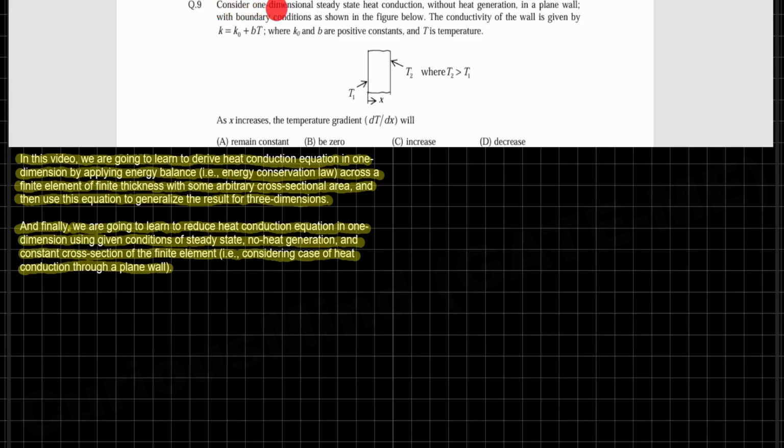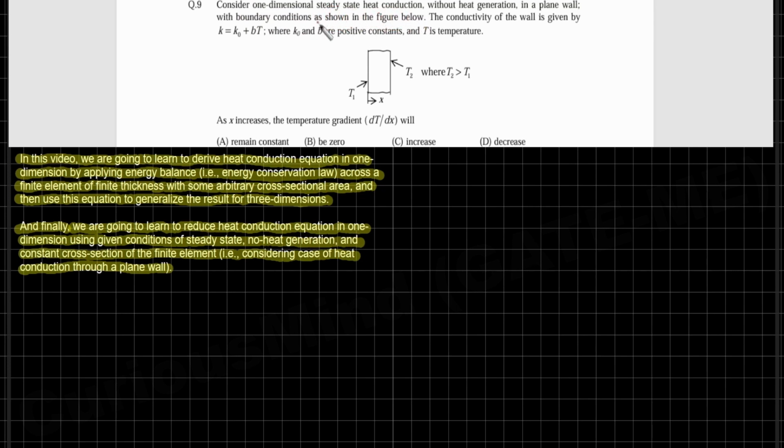Consider one-dimensional steady-state heat conduction without heat generation in a plane wall with boundary conditions as shown in the figure below.